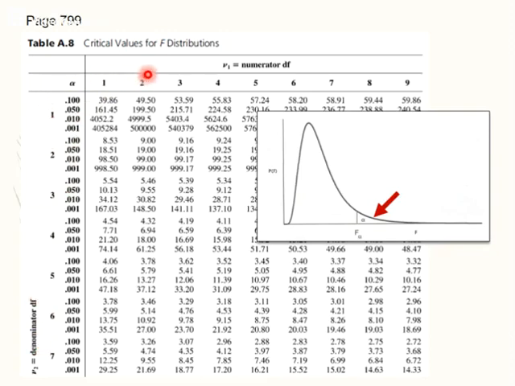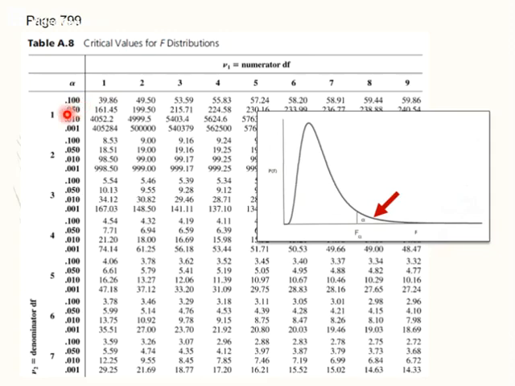So remember the top row is the numerator, and this column is the denominator. So if you go 1, 1, all of these four values correspond to an F distribution with parameter 1, 1. And then that's your alpha level, 0.1, 0.05 up to 0.001. So this little group here is for the F of 1, 1.